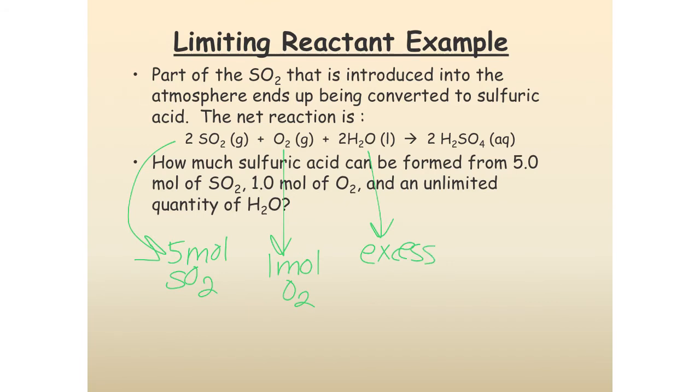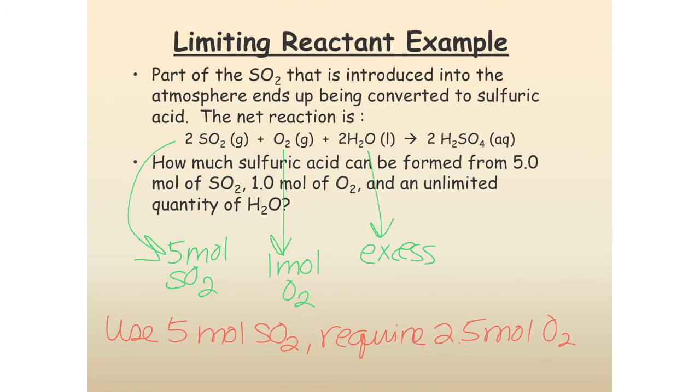Okay, so we're not going to have to worry about the water because they told us that we had an unlimited amount of that. So now we just have to figure out if the SO2 or the O2 is going to get consumed first. So the way that I look at it is if I use up all 5 moles of SO2, that would require 2.5 moles of O2.